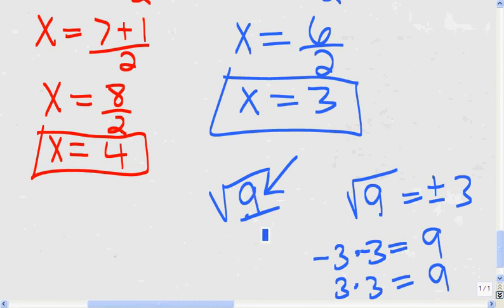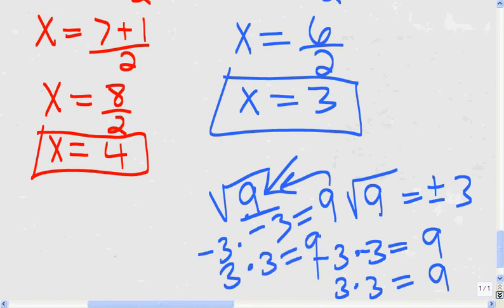So the numbers for 9 would be negative 3 times negative 3, and positive 3 times positive 3, which both give a positive 9, the number under the radical. So when you see a number under a radical like this, it means find the number that when you multiply it times itself gives you 9. And it's always going to be a positive and negative answer.